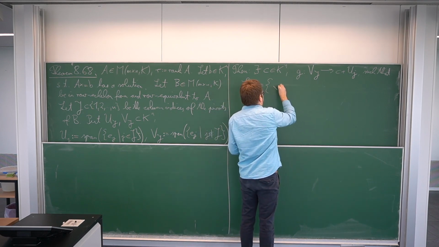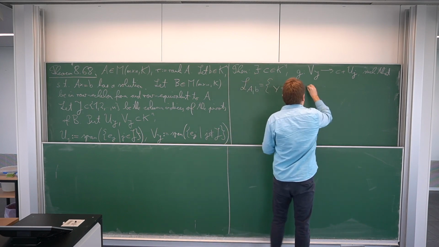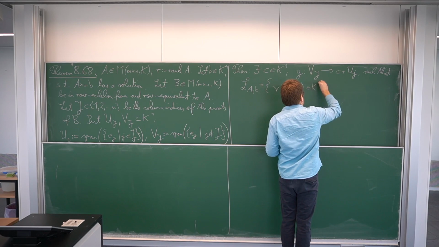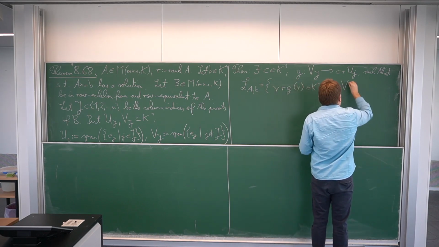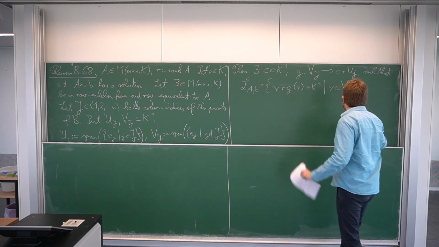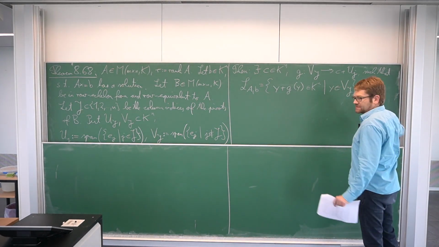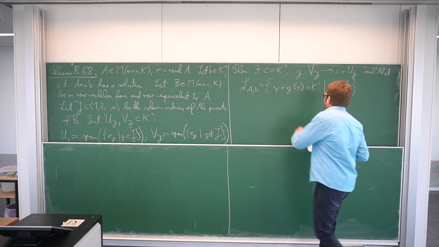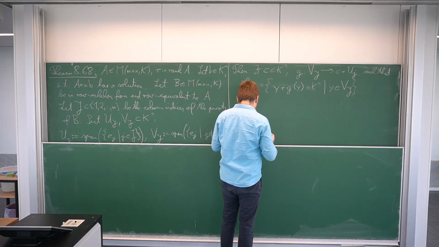We have y plus g of y. So this is just some element in k^n, where we go over all y in this subspace V_J. So this is parametrized by V_J, so to say. So for each element of this, we get a solution of the system. Right? And so this tells us which U_J part we need for this solution.